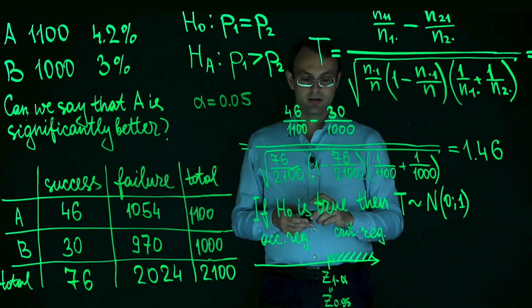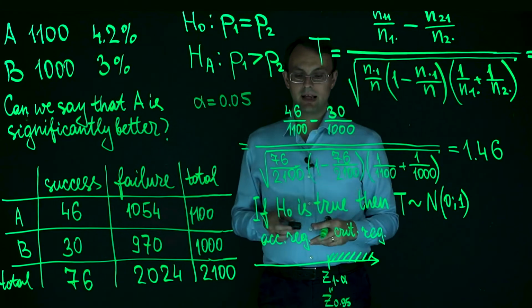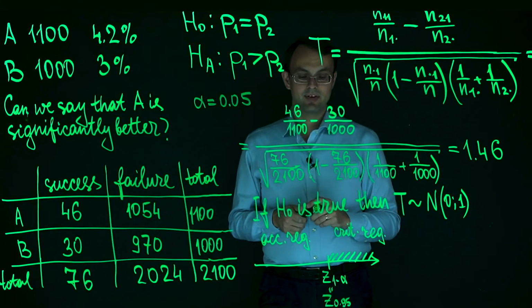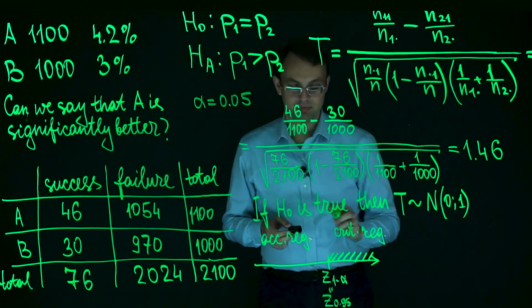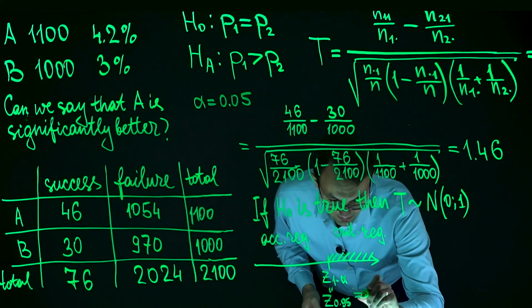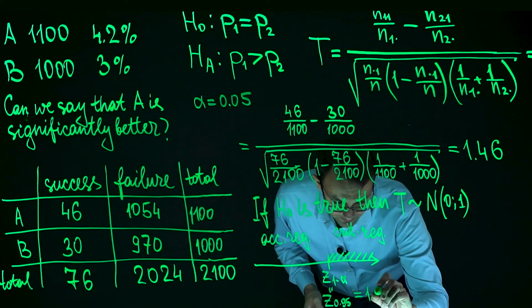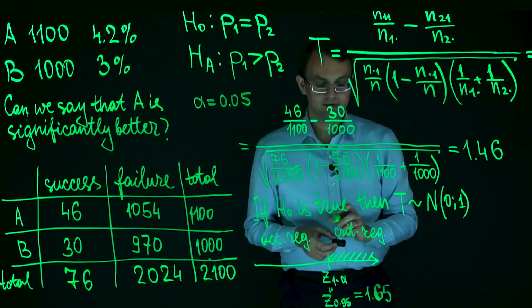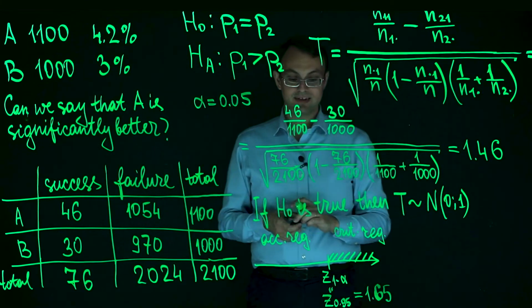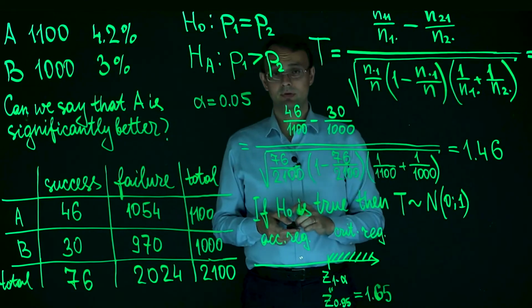And I can use the table and I will find that this quantile is equal to approximately 1.65. So the quantile of the standard normal distribution of the level 0.95 is equal to 1.65, I'm sorry.